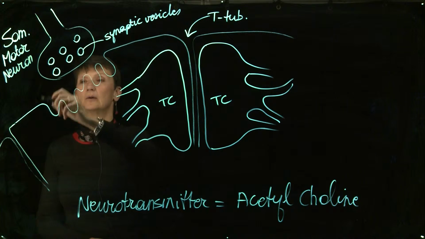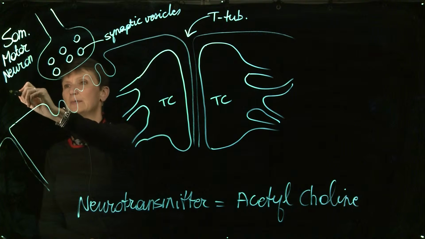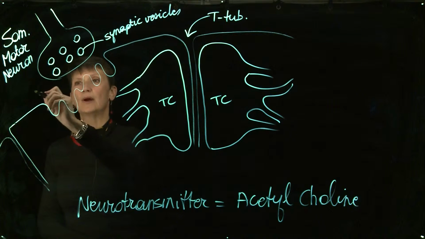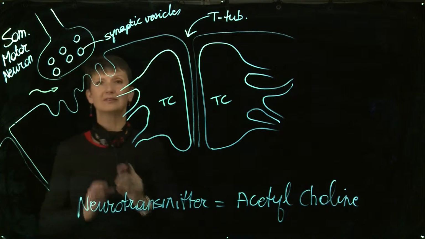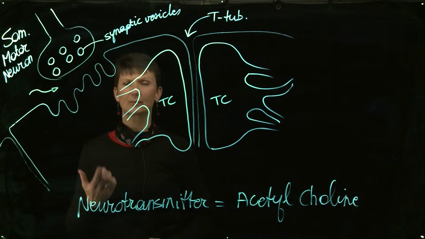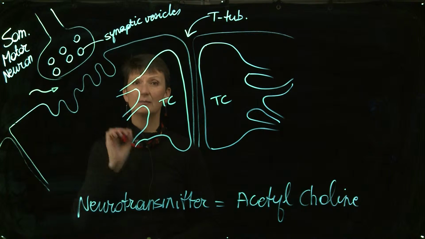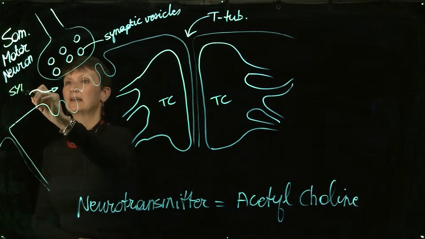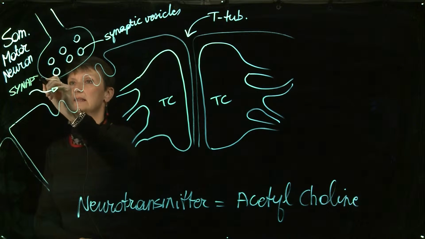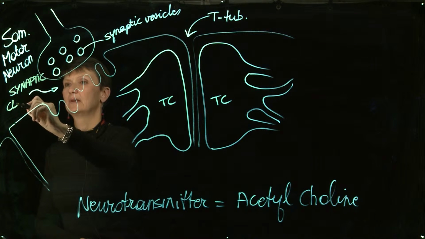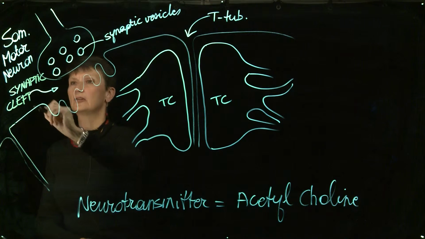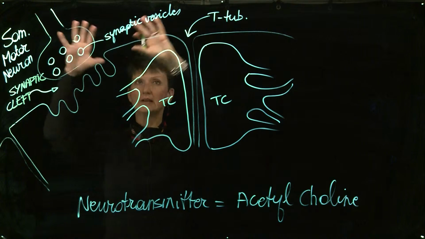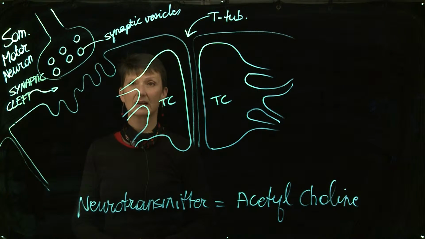If this is our synapse right here, then this cleft, this little bit of a space, we express it in nanometers, so it's very minute. We refer to that as the synaptic cleft. And it is just filled with the material that you find around any cell, namely extracellular material.